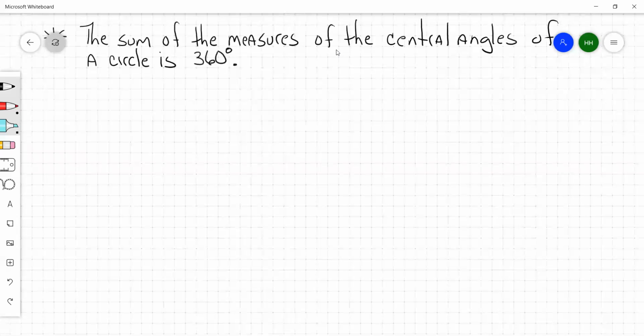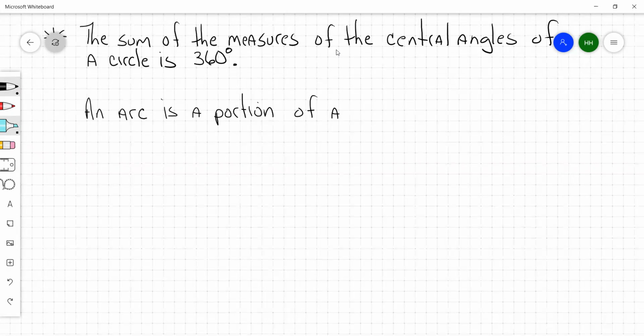Here we go. We're going to say this. An arc is a portion of a circle defined by two endpoints.